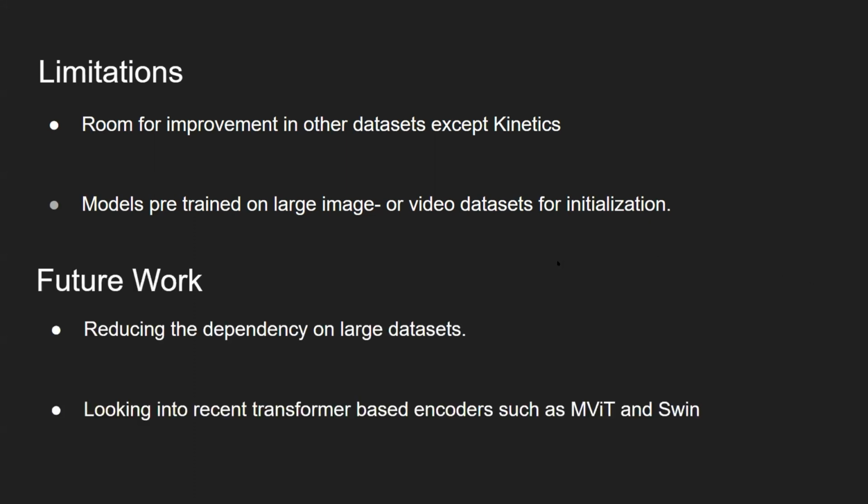For the future work, one thing they can do is reduce the dependency on large data sets. And the second thing is, as the authors have conducted all these ablation studies on standard transformers, they can try something more recent, such as MViT or Swin.